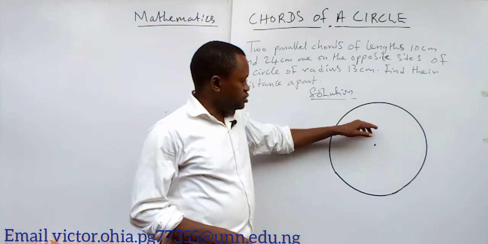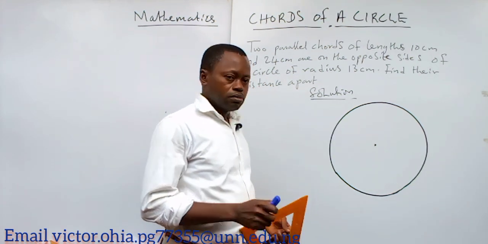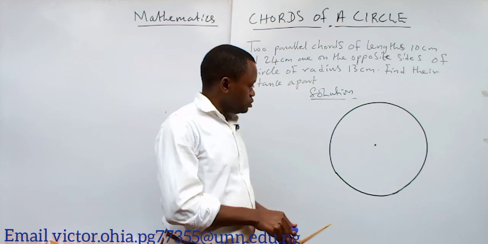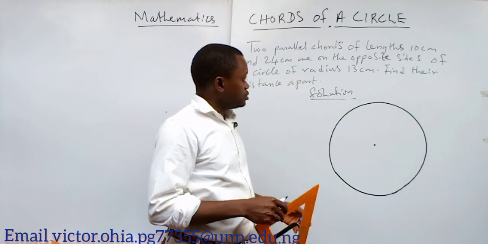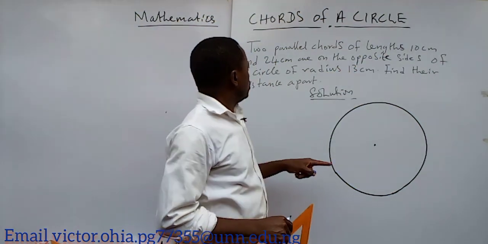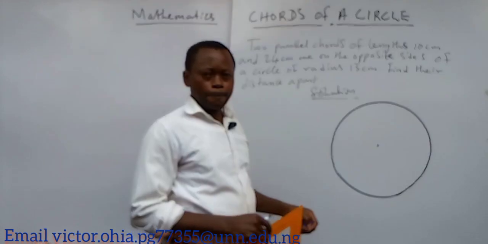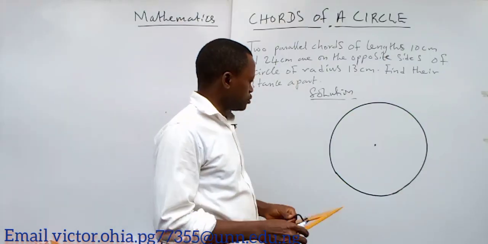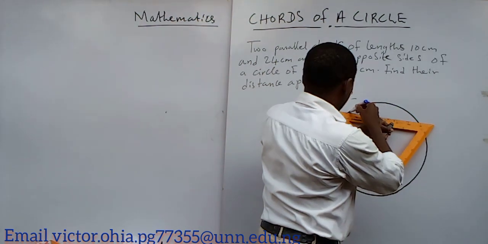And the further away it is from the center, the shorter it is. So that's the concept I'm going to use now in positioning these two chords. So the one that is 10 cm should be further away. The one that is 24 cm should be closer. You get that?